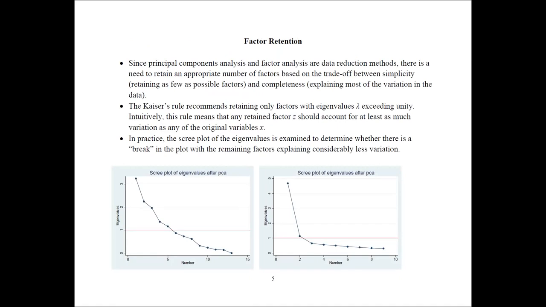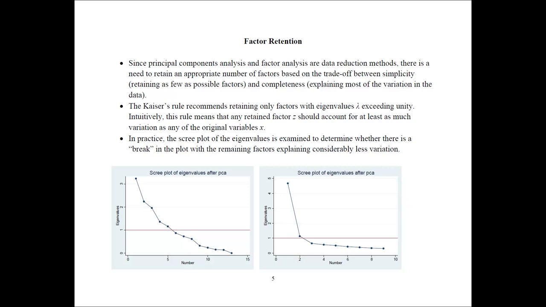Okay, so next, what is important is the topic of factor retention or component retention. Since PCA and factor analysis are data reduction methods, there's a need to retain an appropriate number of factors based on the trade-off between simplicity, so we want to retain as few factors as possible, and completeness, we want to explain most of the variation in the data.